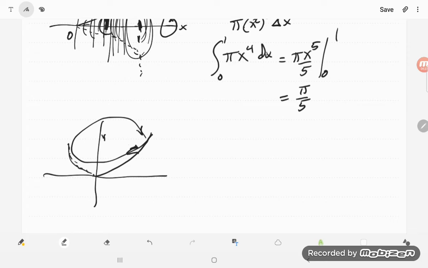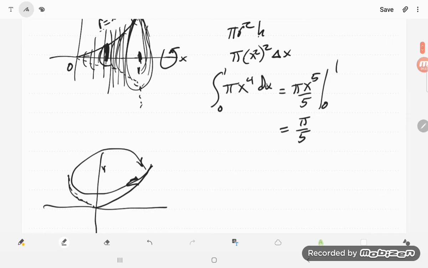As I do that, then we get a slightly different looking figure. It's still sort of a cone, but up here above, that was a concave cone, and this one is a convex cone.